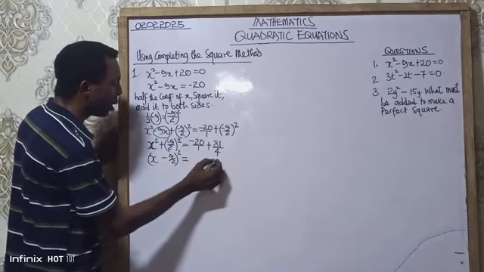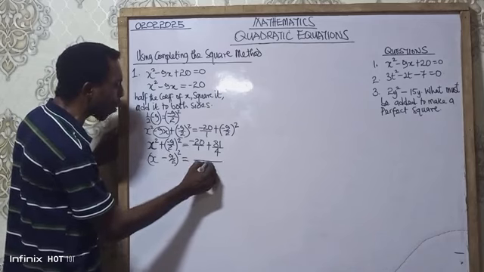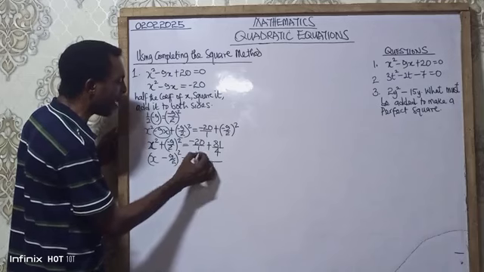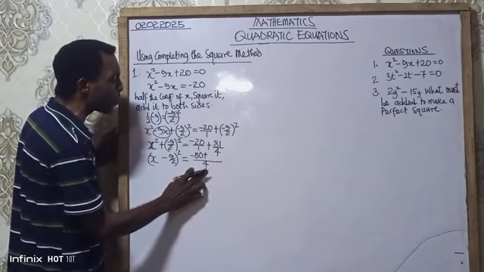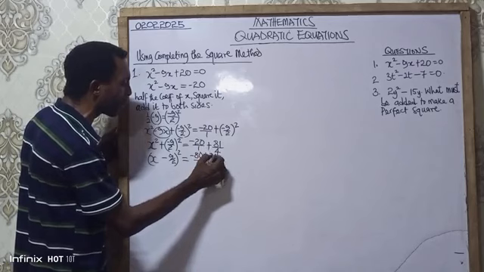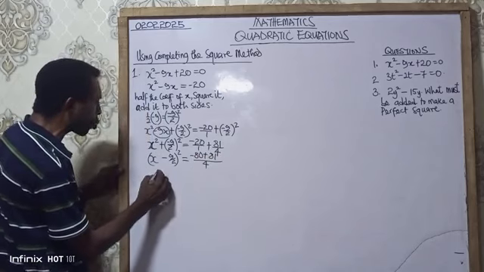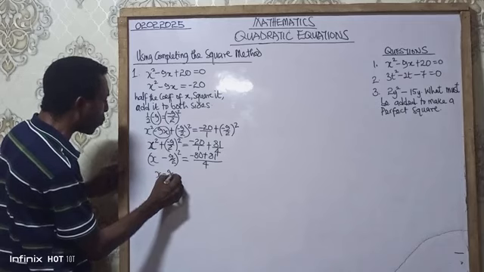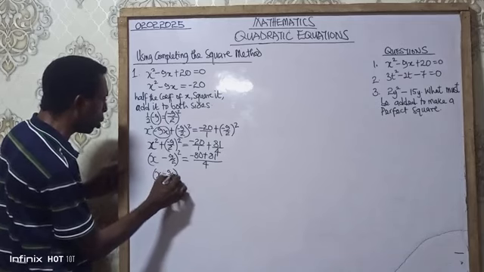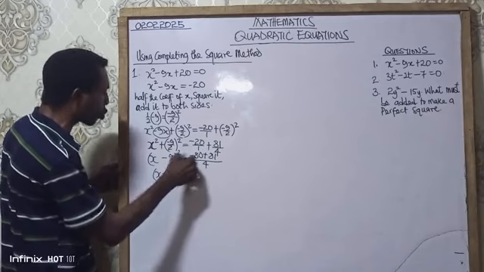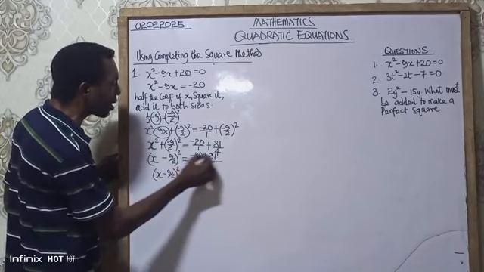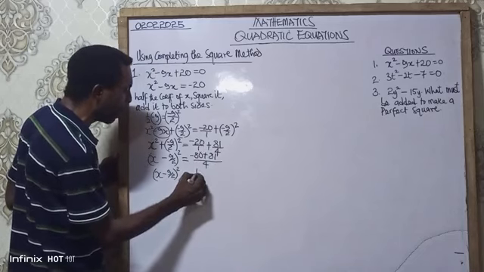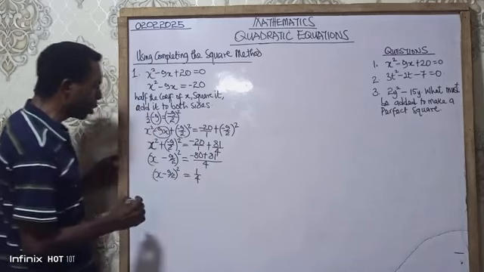That will give you the LCM of these numbers, which is 4. 1 goes in 4, 4 times minus 20 will give us minus 80, plus 4 in 4, 1, 1 times 81 will give us 81. So from what we have there, we have x minus 9 over 2 in a whole bracket squared is equal to, add these two together, minus 80 plus 81 will give us 1 over 4. So this is what we have.